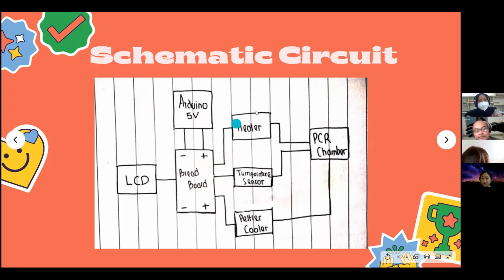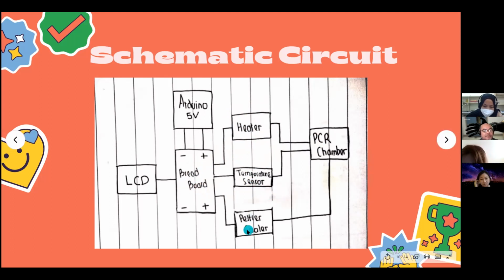We also attach a heater system to the breadboard. The heater system will basically heat up the PCR chamber. We also added a temperature sensor so we can monitor the exact temperature the system is at.